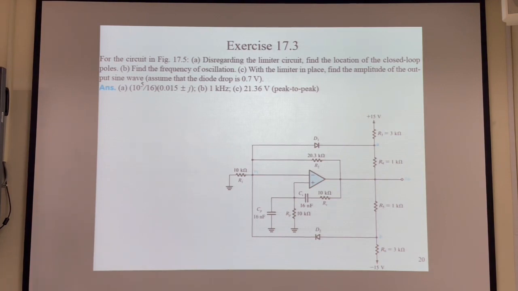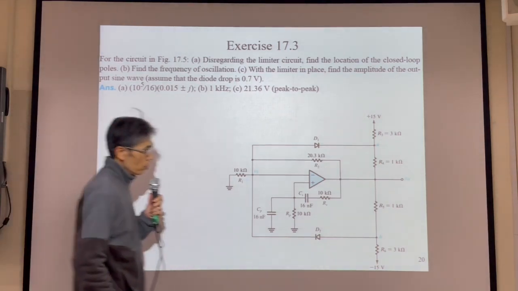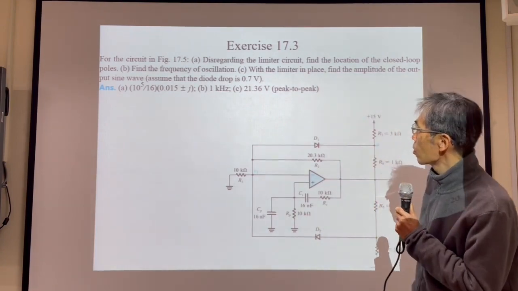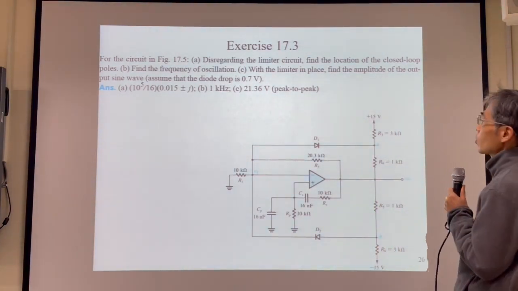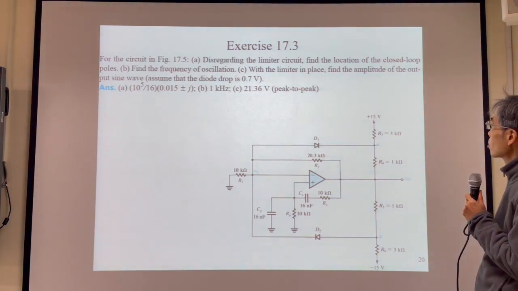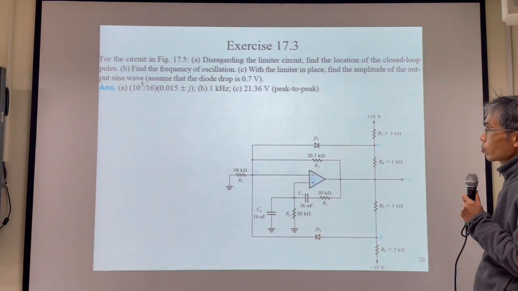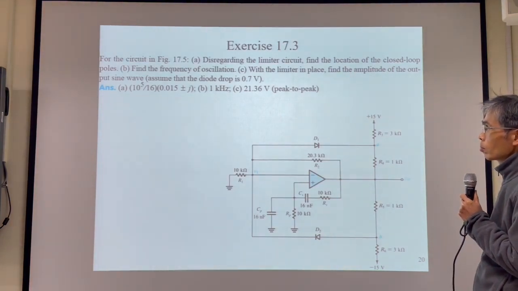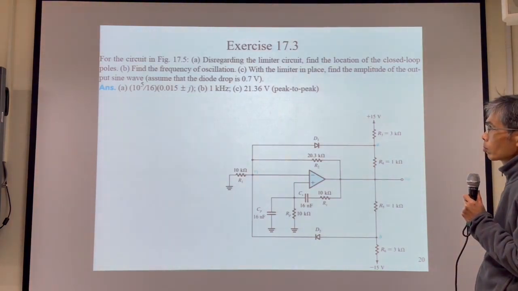Okay, could you read this? For the circuit in figure 17.5, A, disregarding the limiter circuit, find the location of the closed loop poles. And B, find the frequency of the oscillator.